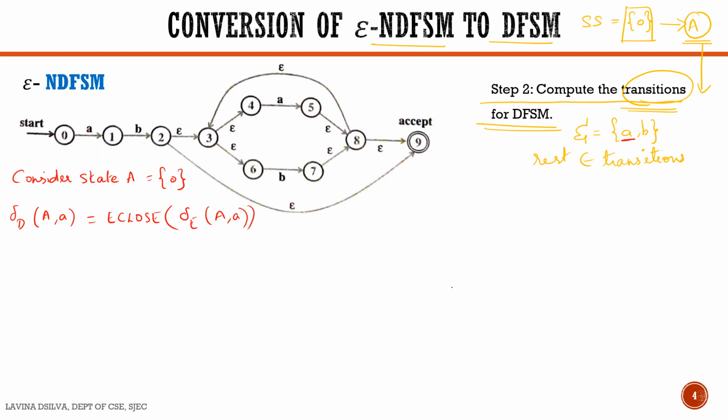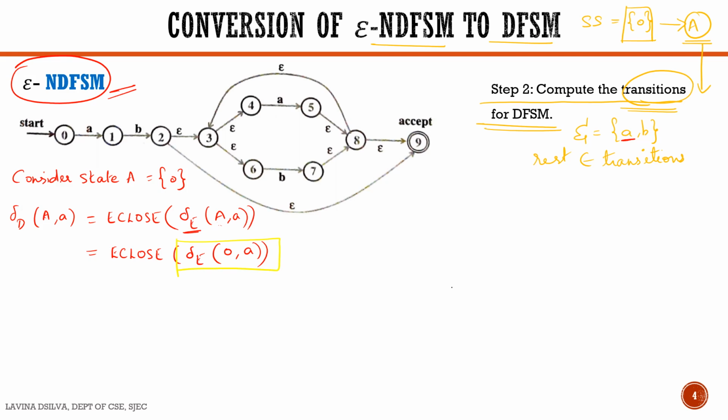Now what does delta E stand for? It stands for the ε-NFSM's transition, and we very well know that we do not have a state A in the ε-NFSM. Rather it is state 0. Therefore we will rewrite E close of delta E of 0 and A. Now we check this delta E transition on the NFSM.